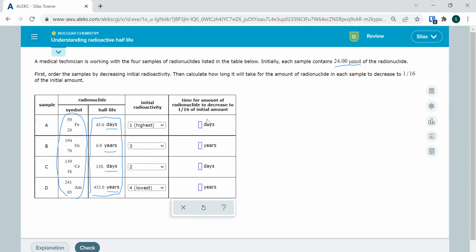Now, how much to get to 1/16? So half-life is something where the amount lost decreases. We saw this in class, right? The comparison I like to use is if I'm buying a pair of jeans and it's 50% off, and then an additional 50% off, what percentage are you paying for those pants?